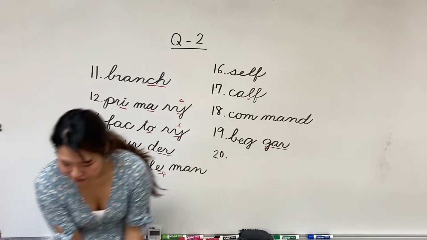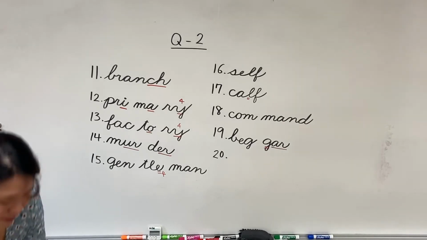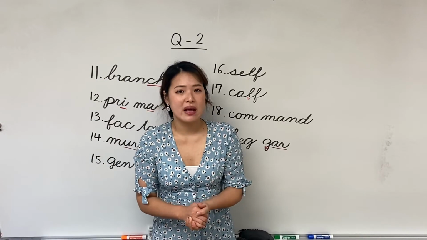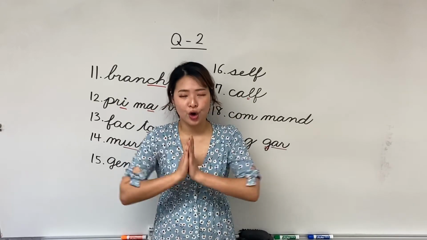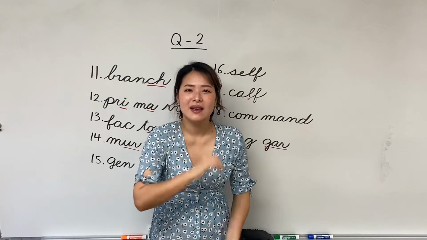Number 20 is property. The 10 Commandments reinforce property rights by forbidding stealing. Property. How many syllables are there in property? Prop-er-ty. 3 syllables. Sound it out.